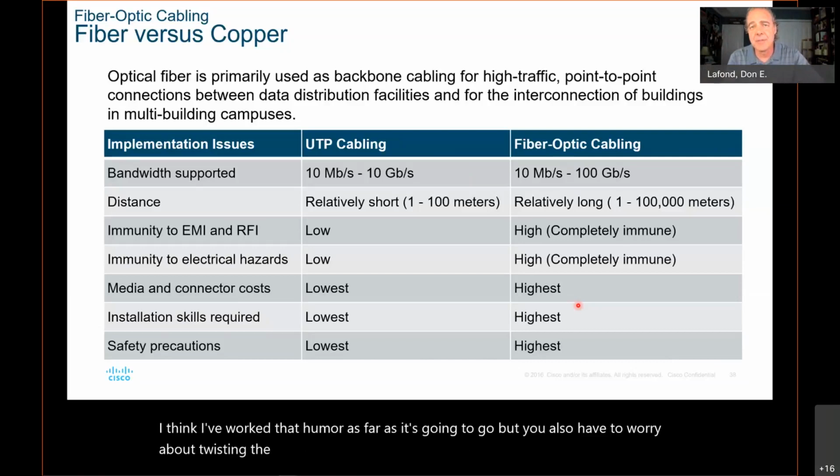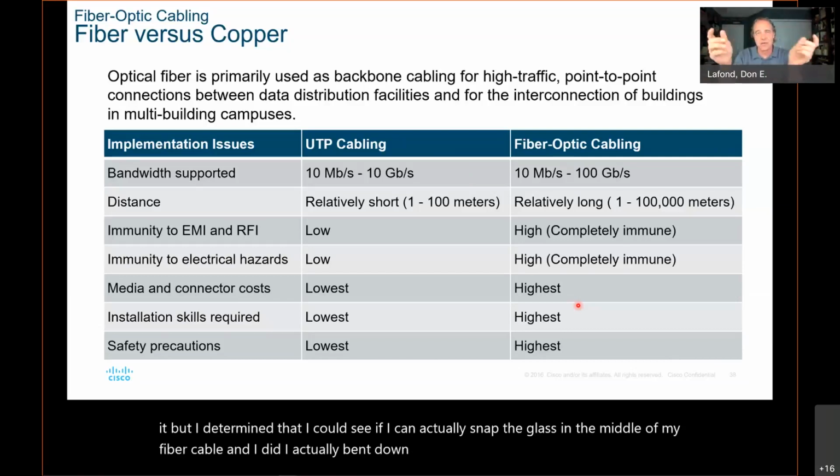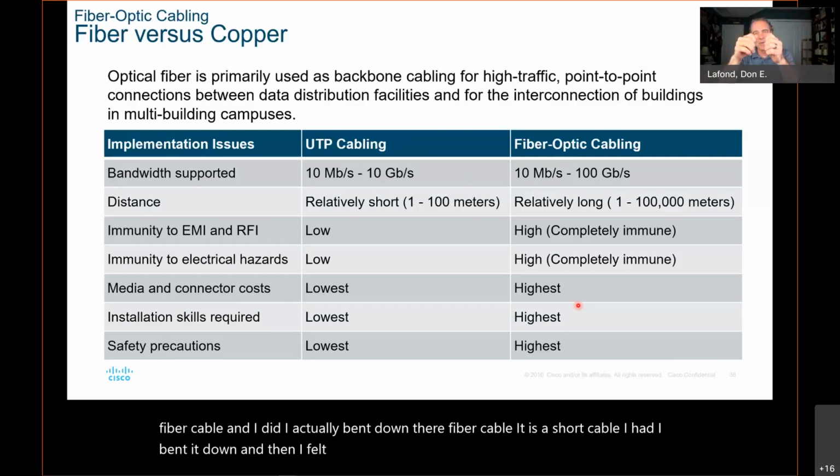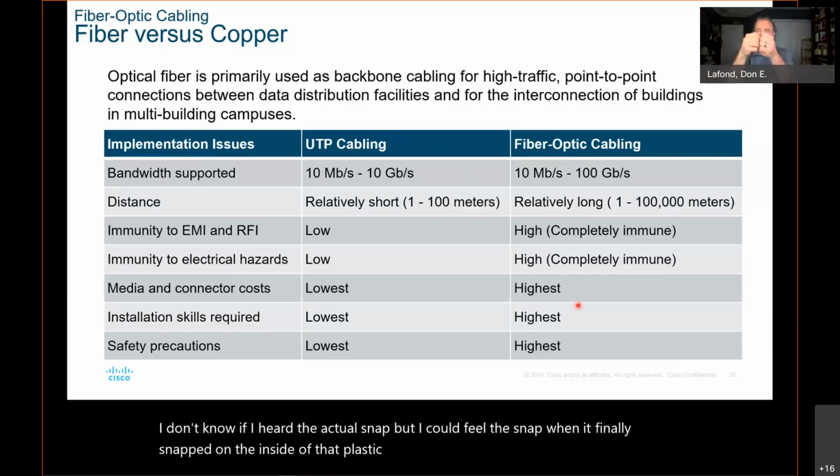I had a short cable in my garage, and I wanted to see if I could actually snap the glass in the middle of it. I bent it down and felt the restriction, and I pushed some more and some more. I don't know if I heard the actual snap, but I could feel it when it finally snapped on the inside of that plastic. I finally broke the little glass inside there. So you have to be aware of it.